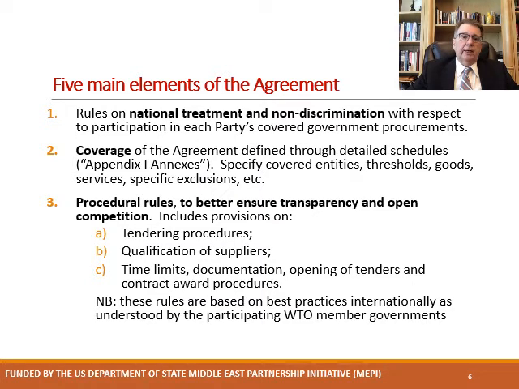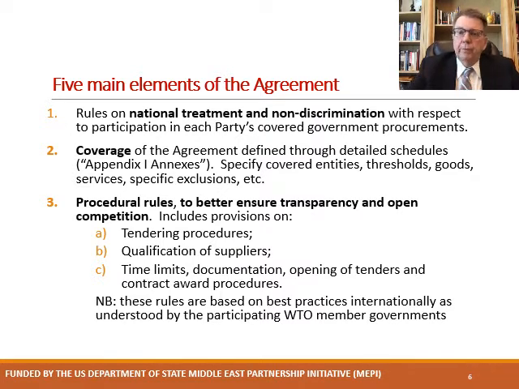They specify covered construction services, and they also list specific exclusions. So really, a lot of the details of application of the agreement are covered in these GPA schedules. This is a very important part of the agreement in practice.